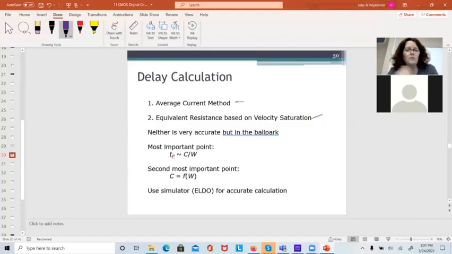So if you look at the equations, the things that are in the equations, like the C in the numerator, I make that smaller, my delays are faster. The delay is proportional to the capacitance over W, but remember the capacitance is a function of W because it's epsilon WL over T. To really get accurate at the voltages you're talking about, you use something called ELDO, the Mentor Graphics simulator.